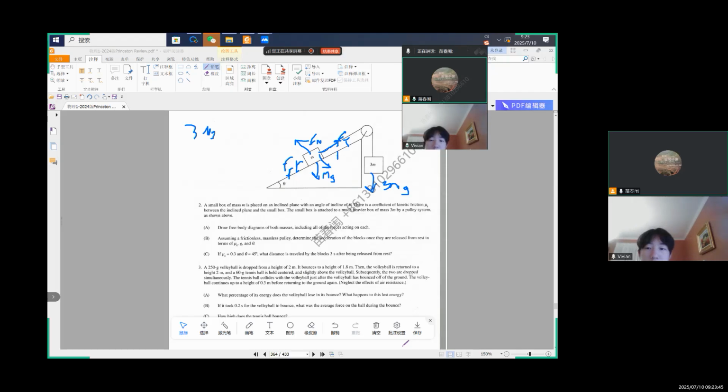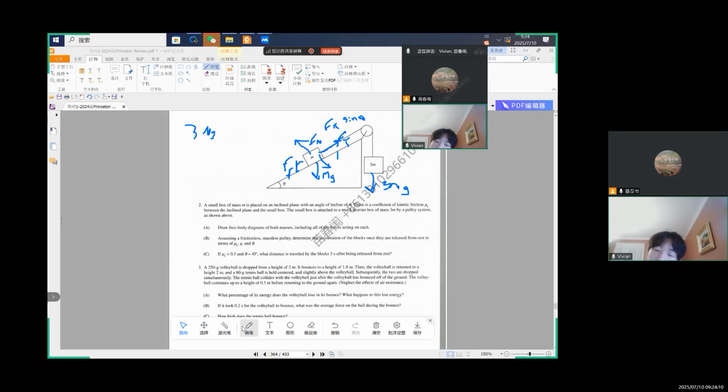Okay, so this is, wait, this is F tension sine 30, if sine theta, right? It's sine theta, right?